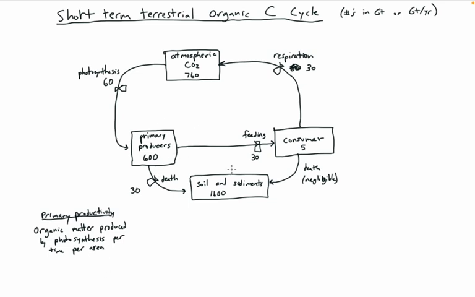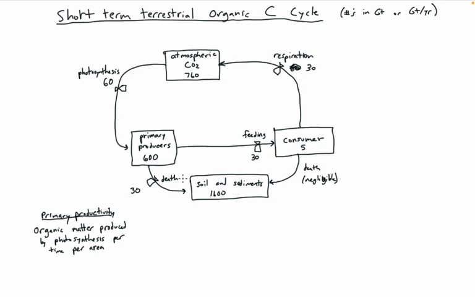Okay, so where are things not balanced? This area, right? We're putting 30 gigatons per year into the soil and sediments as the primary producers die, but we're not showing anything coming out. So what we're missing here is, right, in the example of a carbon atom, the bacteria did.